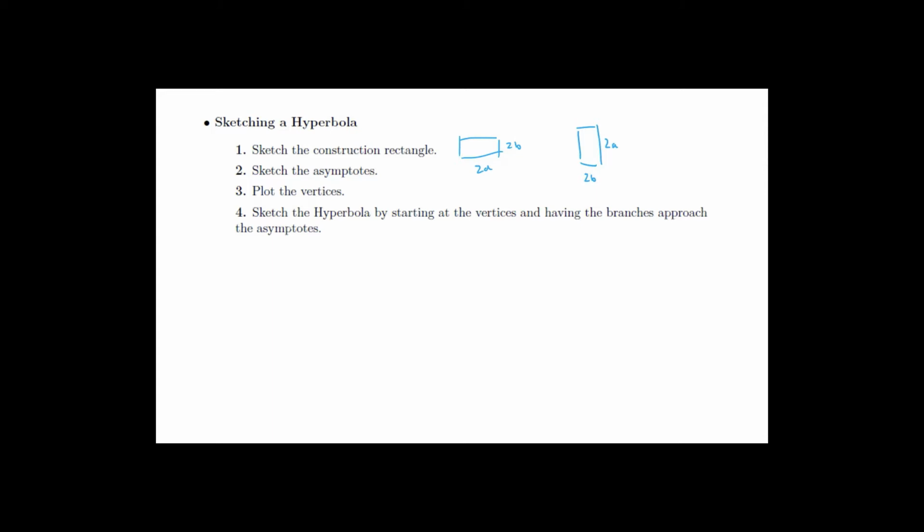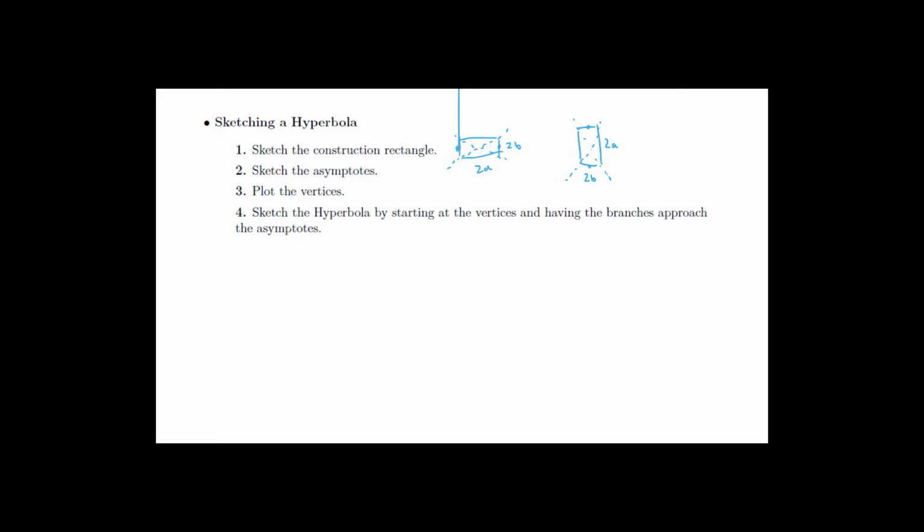Then we're going to sketch the asymptotes, right? So however the box turns out, the asymptotes are going to go through the corners of the box, and you'll excuse my very poor rectangular boxes here. Then we can plot the vertices. Right, put the vertices at the edges of the box.